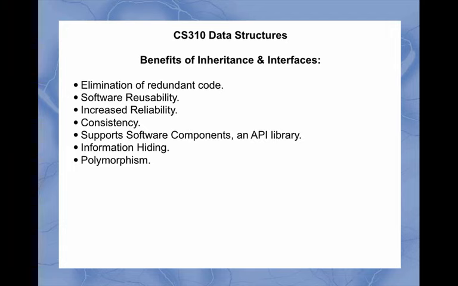We have software reusability. We're reusing these parent classes. We have increased reliability because we have a smaller code base at the level where we're actually coding. We have consistency because interfaces enforce this. This allows us to have software components and an API library.